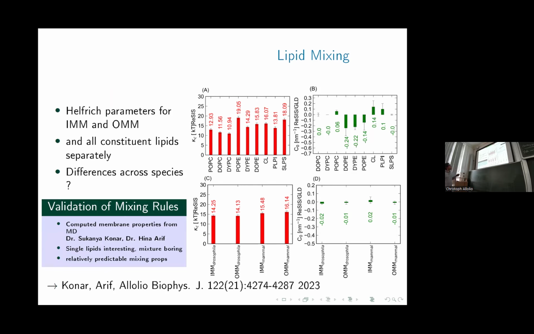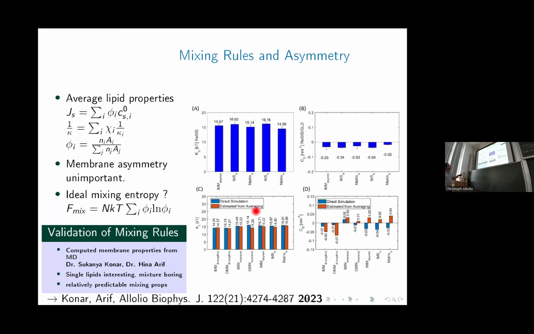So for the mixing terms, we just calculated a bunch of different lipids, their coefficients for bending rigidity, for spontaneous curvature. Then we calculated explicitly some mixtures and tested those against the mixing terms.